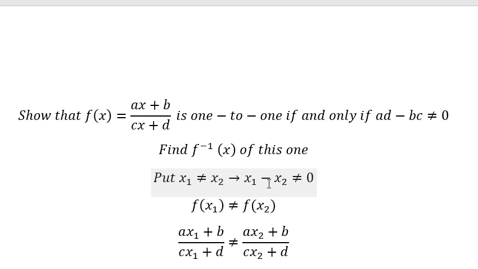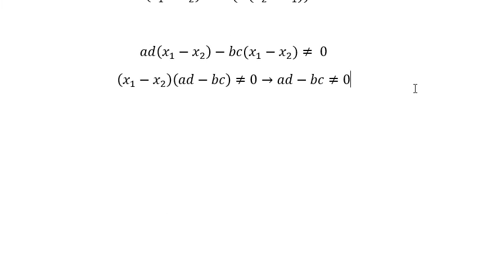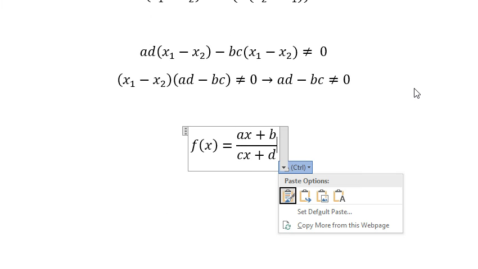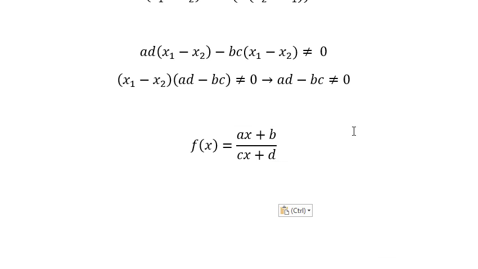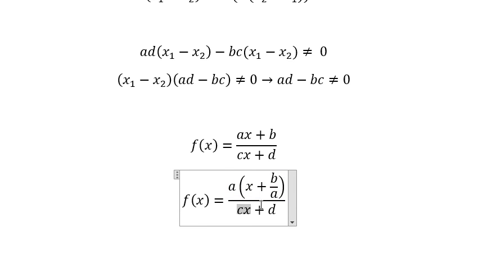Question number 2, we want to find the inverse function. For this one, we can do factorization by a, and this one by c.